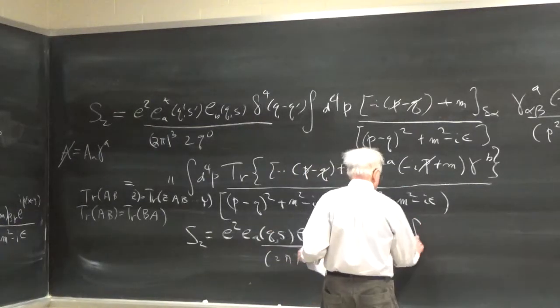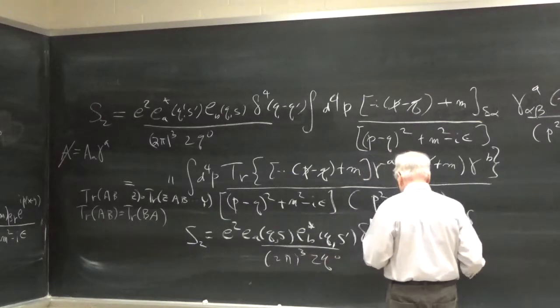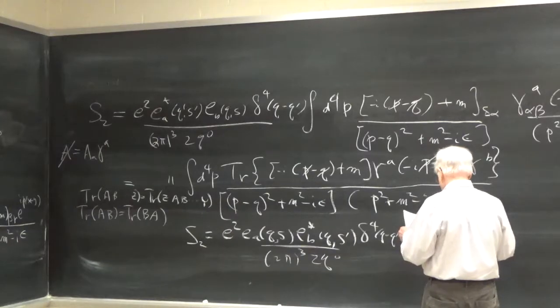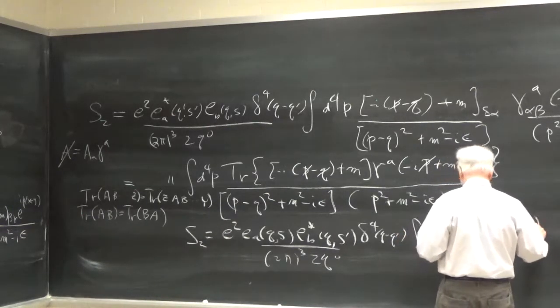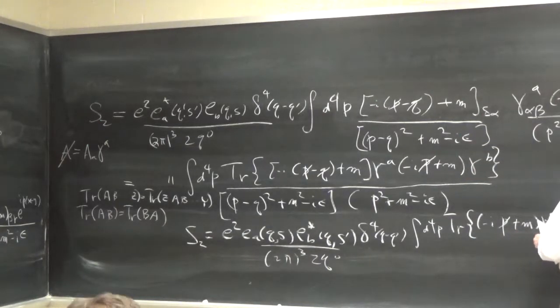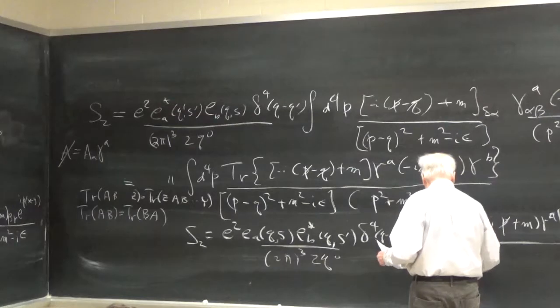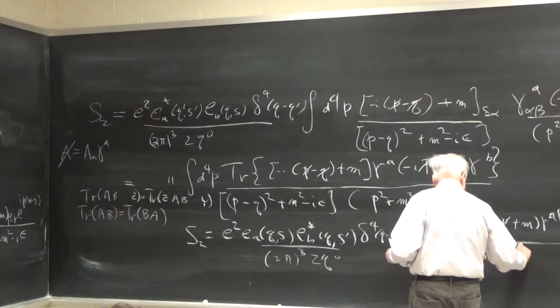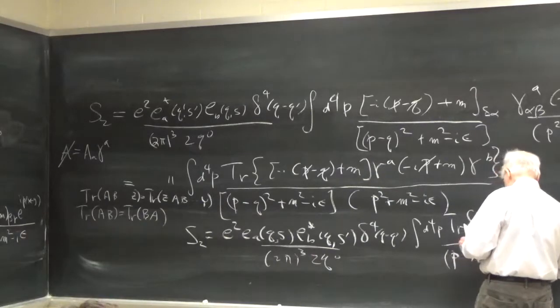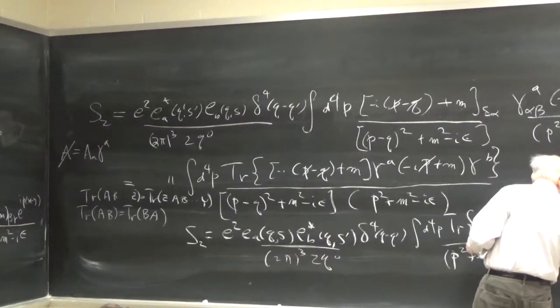And what's left now is d fourth P trace of minus i P slash plus M gamma A, minus i P slash minus Q slash plus M gamma B, and it's all this over these propagators, P squared plus M squared minus i epsilon, P minus Q squared plus M squared minus i epsilon.